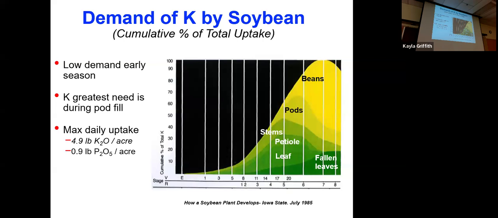So it's important to know that potassium uptake is not very wild until mid to later parts of the growing season when the plants are coming to maturity. So this is important for how you time the application of the fertilizer.